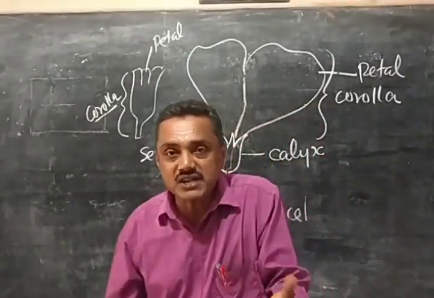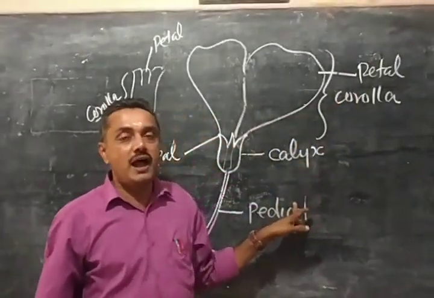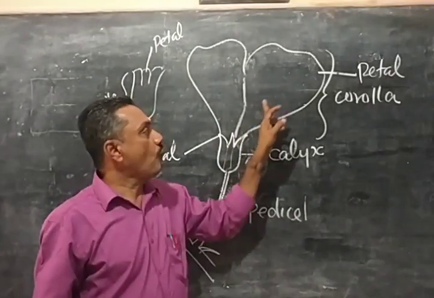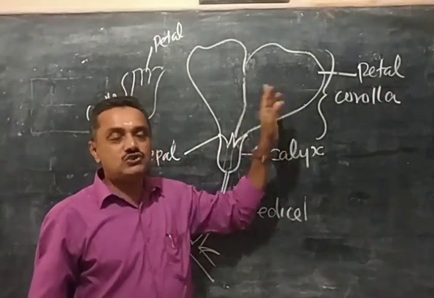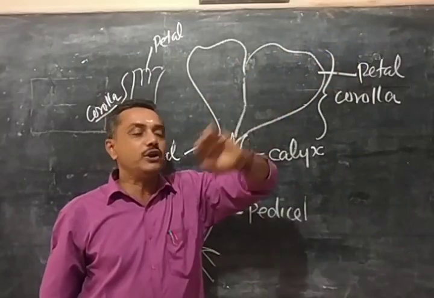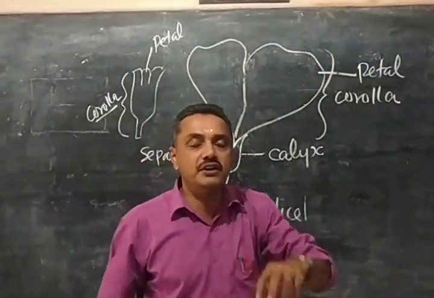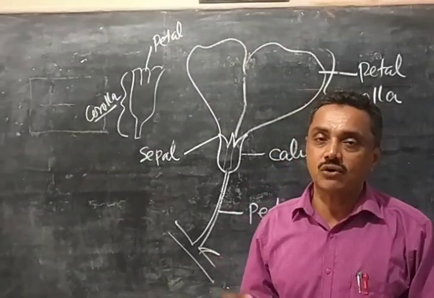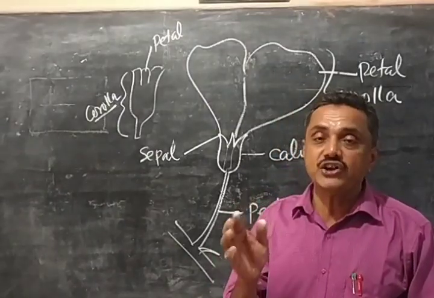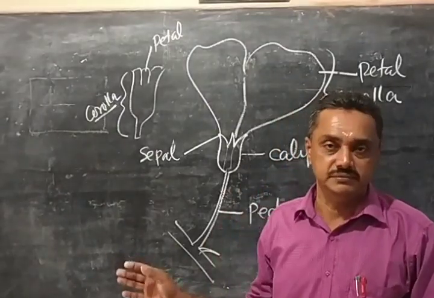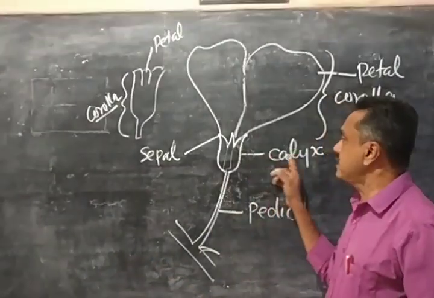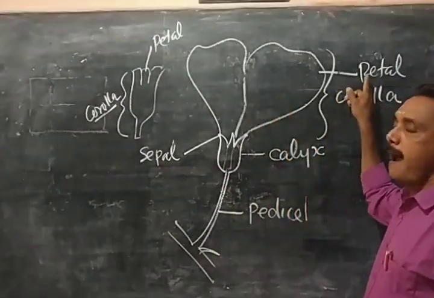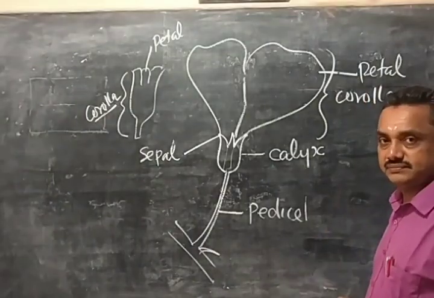These two parts, calyx and corolla, one gives protection, one gives attraction. So they are not directly related to reproduction. So what are they called? Non-essential parts of the flower. Calyx and corolla are called non-essential parts of the flower. Calyx is made up of sepals, corolla is made up of petals.